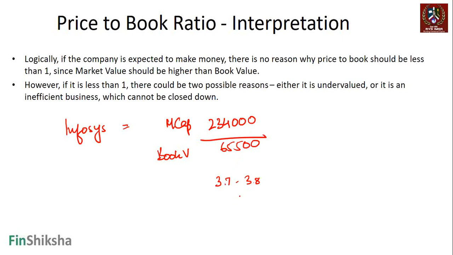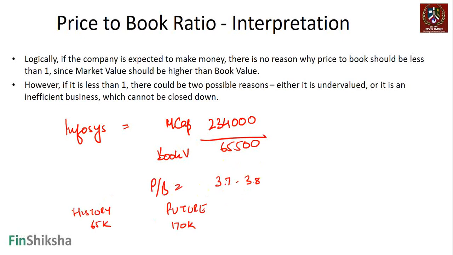That's basically the price to book ratio for Infosys, which basically means that the market believes that the history in Infosys' case is worth 65,000 crore and the future is practically worth the difference, which is approximately about 170,000 crore, right?